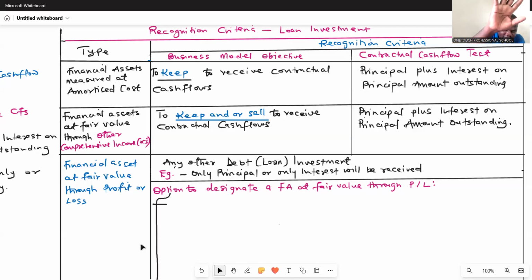Oh, you are done. Please, so you said if they cannot put it under financial assets at amortized cost or other comprehensive income, and they decide to put it at fair value through profit or loss, they can't change their mind. Yes, that is on initial recognition.